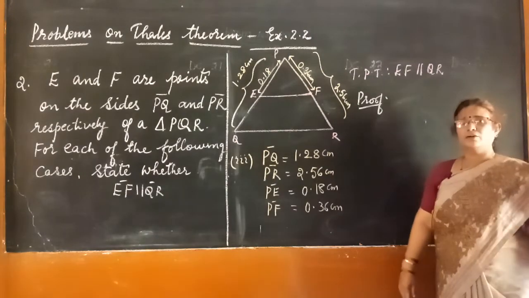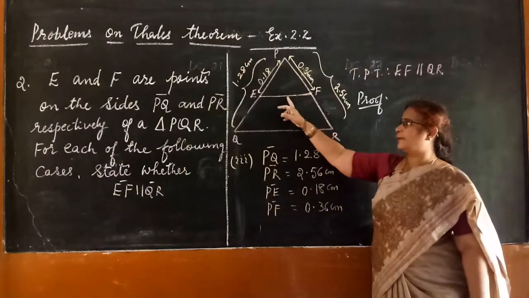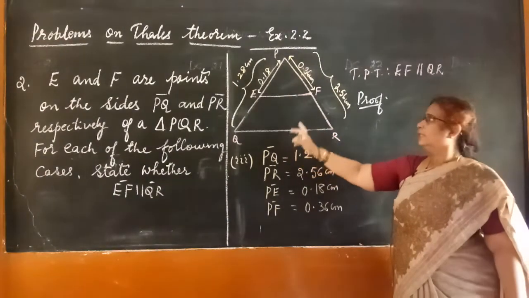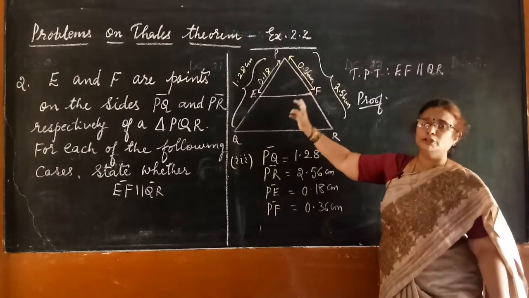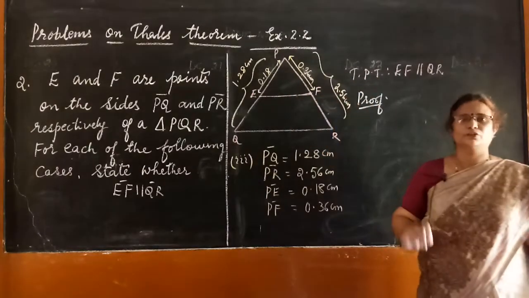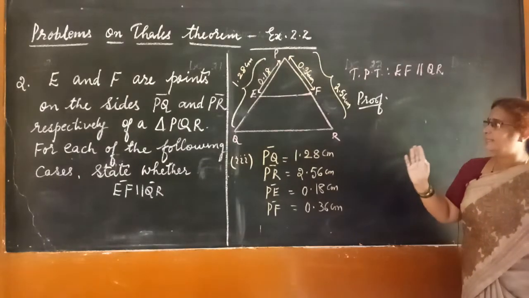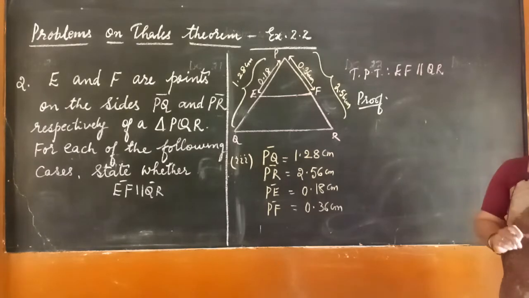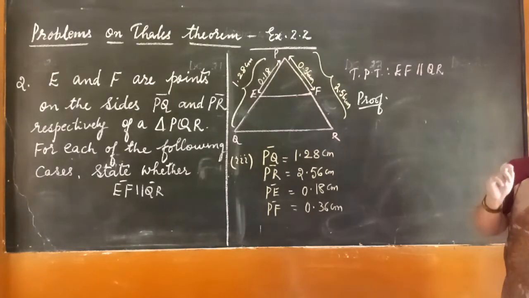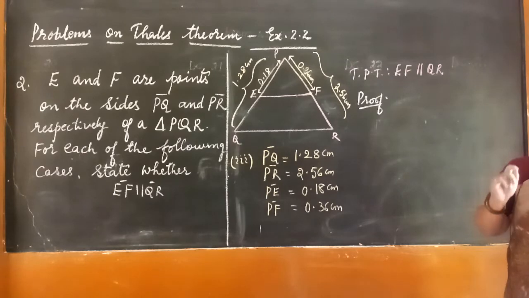What does the corollary of basic proportionality theorem state? If a line is drawn parallel to a side of a triangle, then the sides of the newly formed triangle are proportional to the corresponding sides of the given triangle. But we have to show whether EF is parallel to QR. In that case, I have to see whether the sides of the newly formed triangle and the sides of the given triangle are proportional or not.